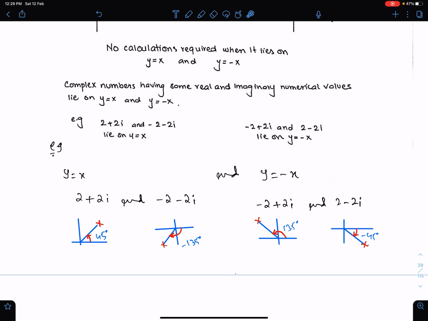So its argument must be minus 135. Minus 2 plus 2i. The equation is y is equal to minus x. So the argument is 135. And this is in fourth quadrant with equation y is equal to minus x. So angle is minus 45. These two complex numbers lie on y is equal to x, whereas these two numbers lie on y is equal to minus x.